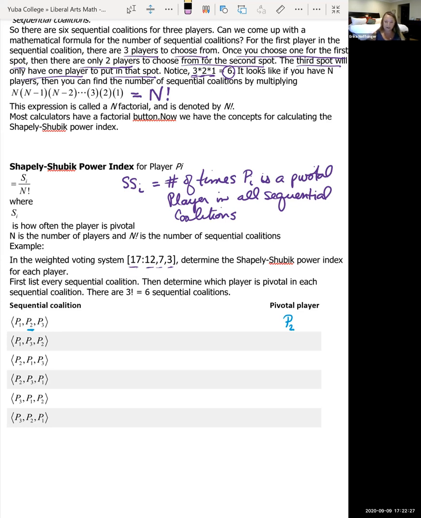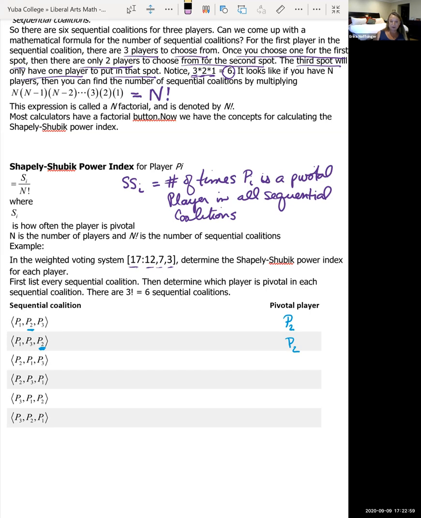So really we just have to find the one that wins, and then we don't have to look at the others. Again, P1 comes in, it's not a winning coalition, and P3 comes in. They add 3 votes to P1's 12, which makes it 15. They are not a winner. And so the third, P2, comes in and adds their 7 votes, and they make it a winner, so P2 is pivotal.